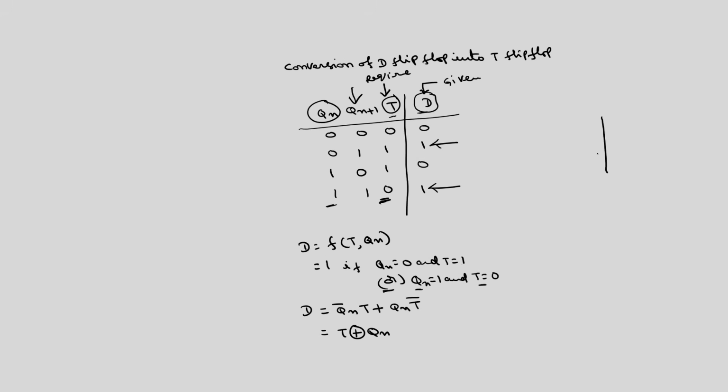So, this is the D flip flop. Here I am writing lowercase letters, because normally in Verilog code we write lowercase letters. This D is nothing but exclusive OR of T and Qn.